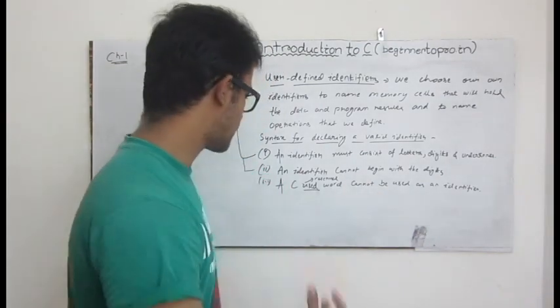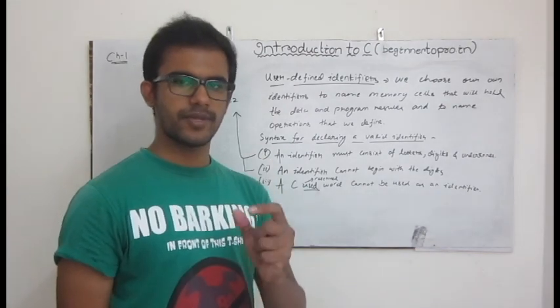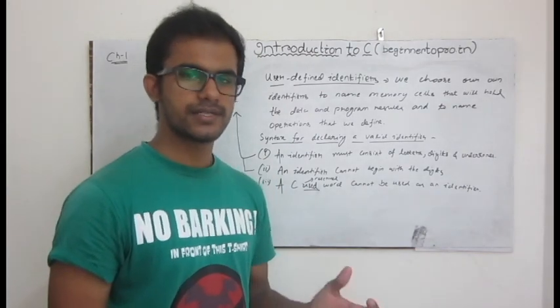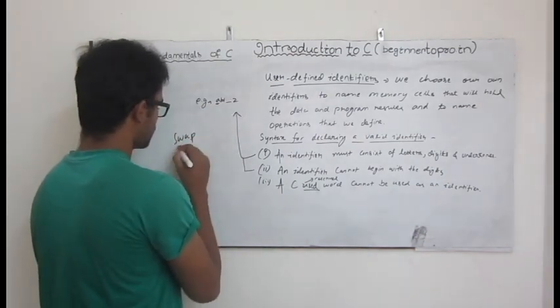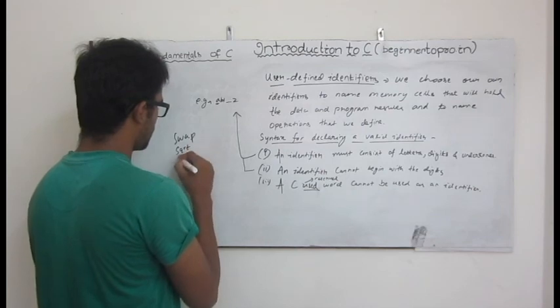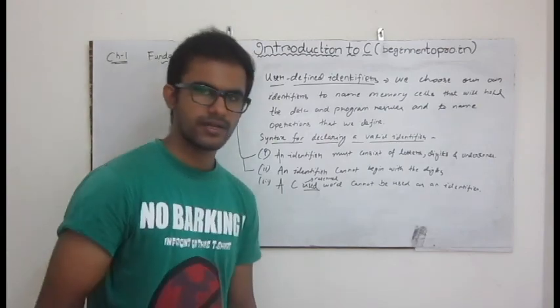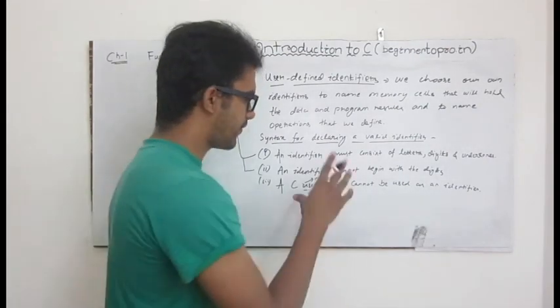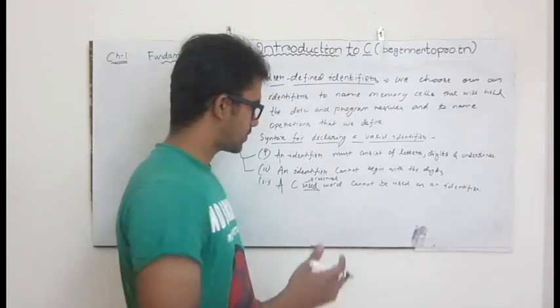This line says that there are some keywords which are already defined in the C program, like swap, sqrt, pow. These are some of the C reserved words.